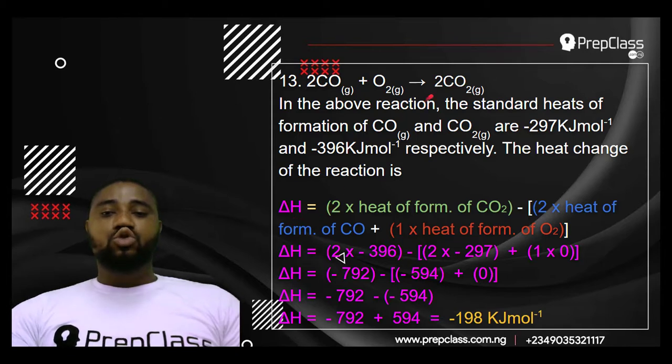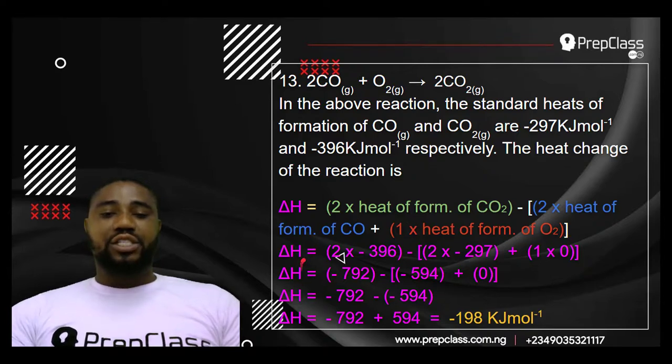Open bracket, 2 times the heat of formation of CO2. We are using the 2 moles to multiply CO2. So 2 times the heat of formation of CO2 minus, open bracket, 2 times the heat of formation of carbon monoxide because of these two, plus 1, because it's only one oxygen molecule that is here, 1 times the heat of formation of O2.